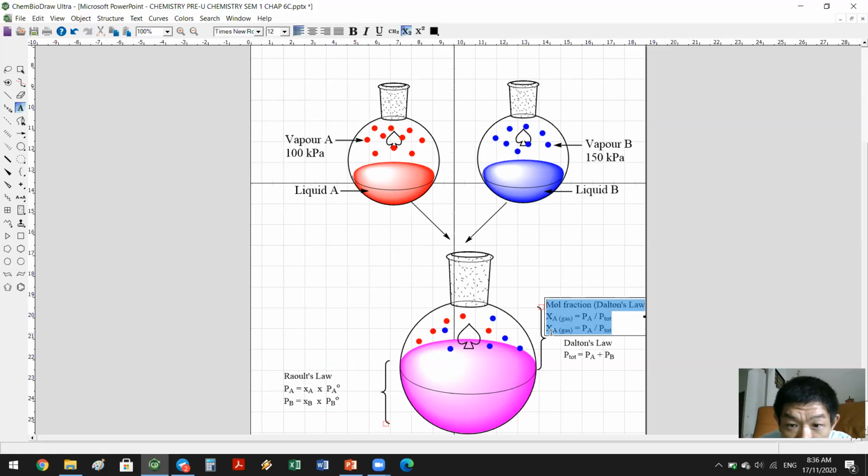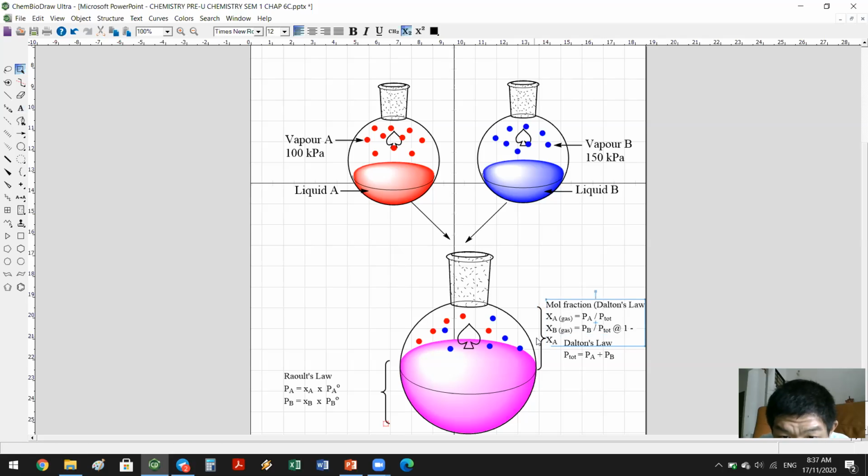Because for mole fraction, at the end, the summation is equals to 1, isn't it? So once you have already calculated for A, you can also calculate 1 minus XA. So you can use this law to explain here.